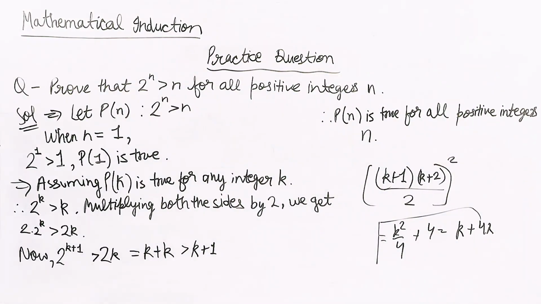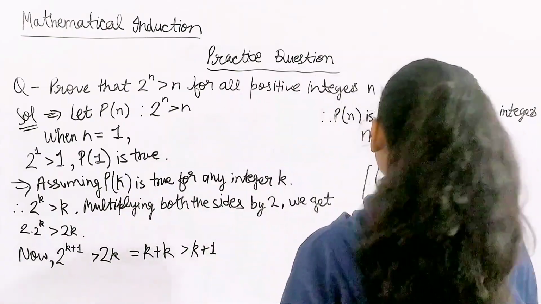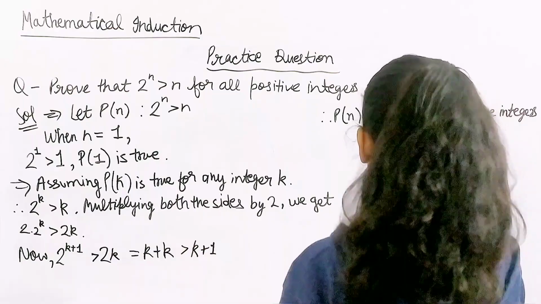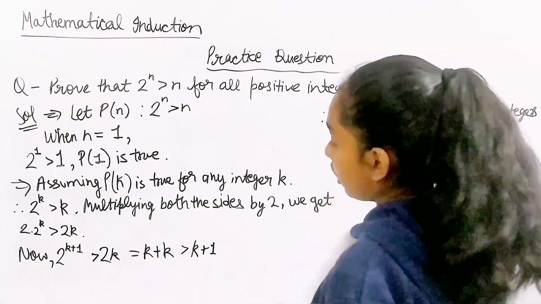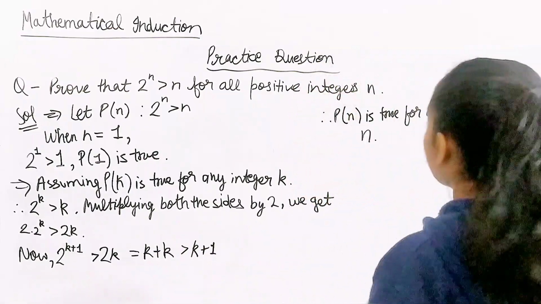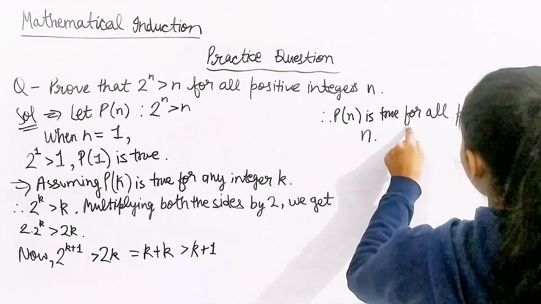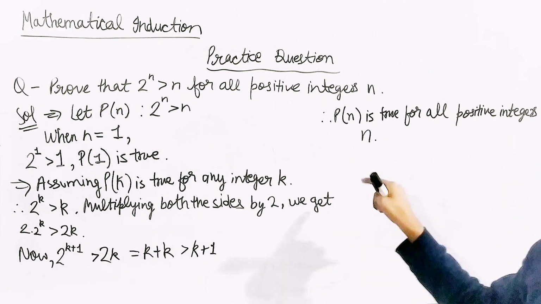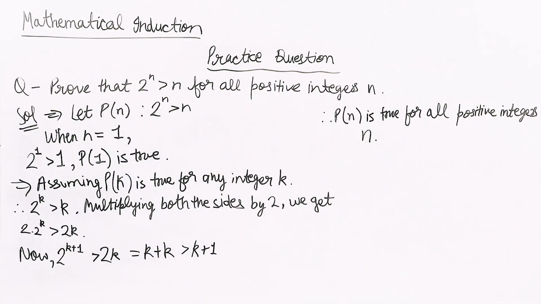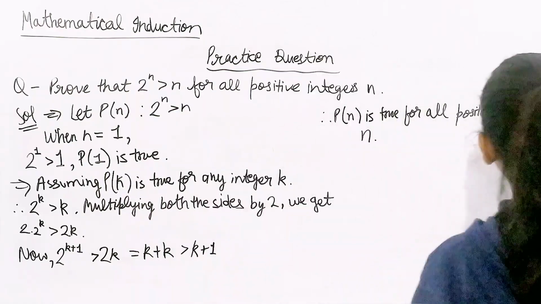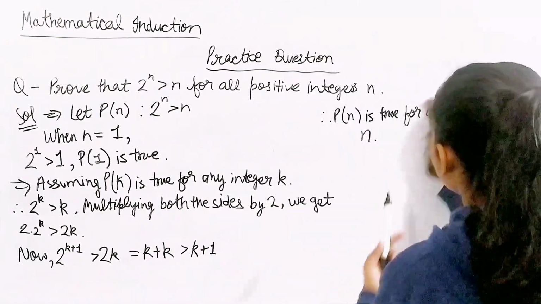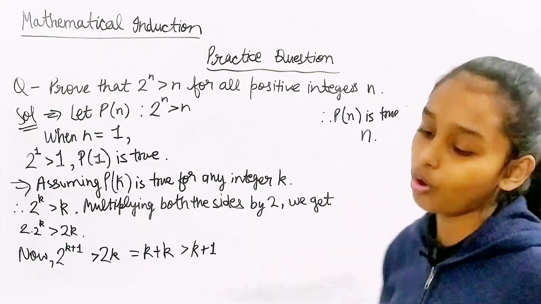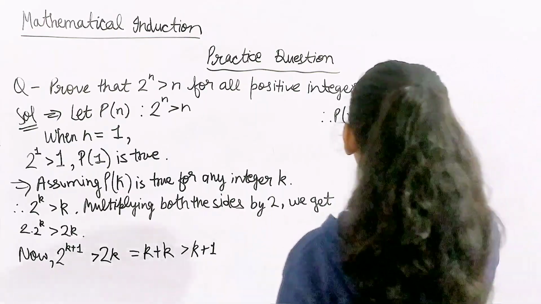Good? Okay. So let me rub this, because there's no need to write this thing. This is not related to this question. Okay, so what we can see is I can also say it's true for every positive integer n. So let me write this, because it will be better than this one, but the other is also correct. There's nothing wrong in this, but I would like to write another one.